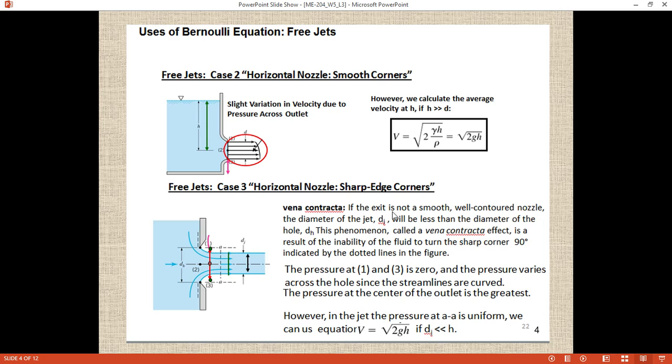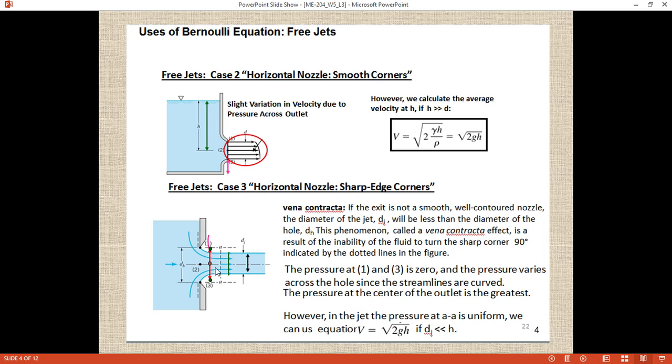If the exit is not a smooth, well-contoured nozzle, the diameter of the jet dj will be less than the diameter of the hole dh. This phenomenon, called the vena contracta effect, is a result of the inability of the fluid to turn the sharp 90 degree corner, indicated by the dotted lines in the figure.